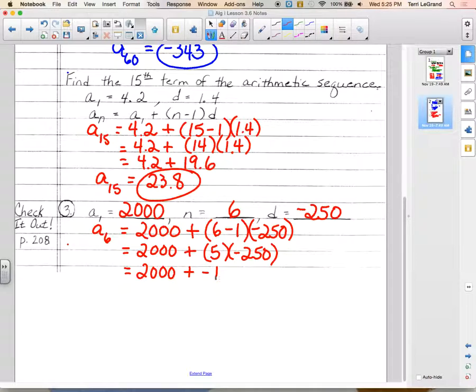That should be a negative 1,250. So our a sub 6 is equal to 750, and those are pounds. There's 750 pounds of cargo left on that truck after they have completed their 6th stop.